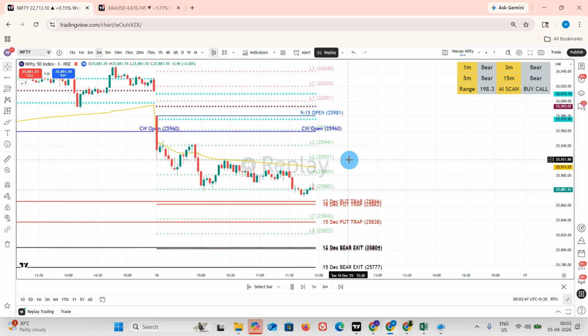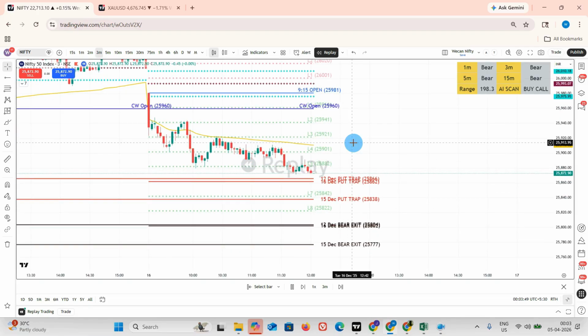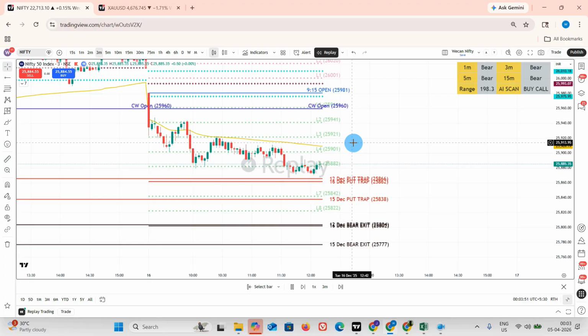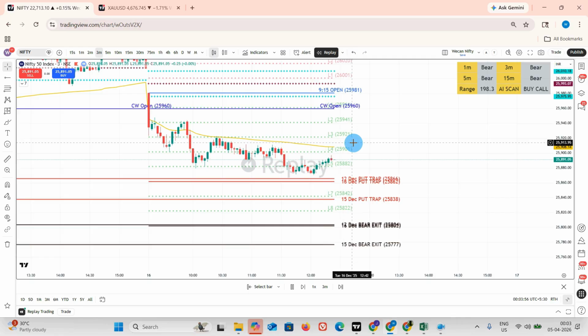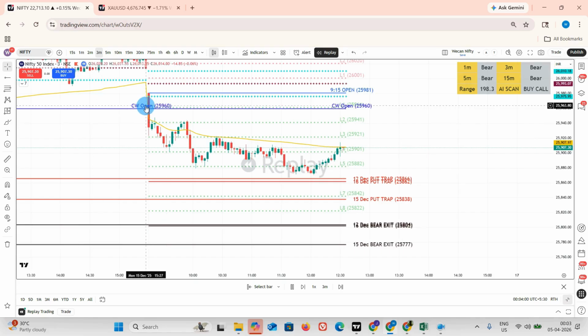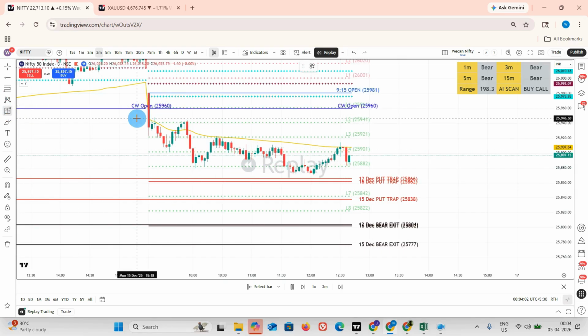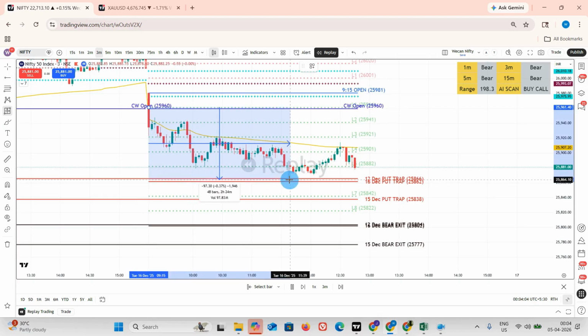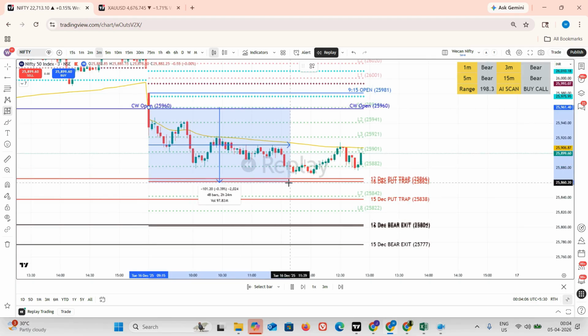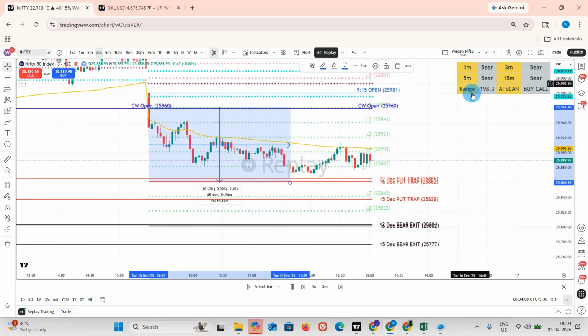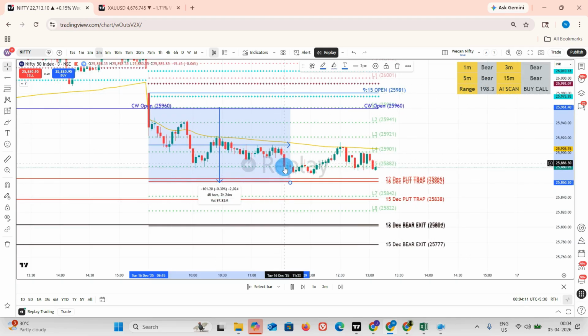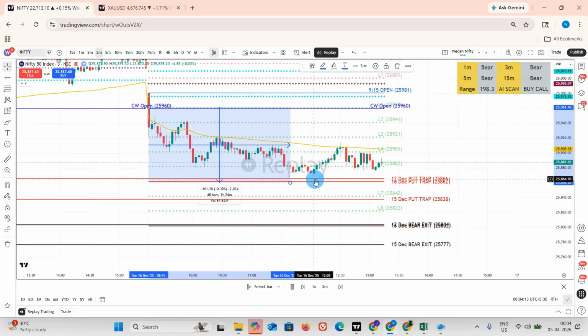So the indicator guides you, for the option buyers, and especially for the option sellers, those who are doing future selling or future buying. They can capture these moves. The move is not a small one. It's nearly 100 points, because the range is only 198 points, so we can capture this. For an option buyer there is a chance of premium decay.